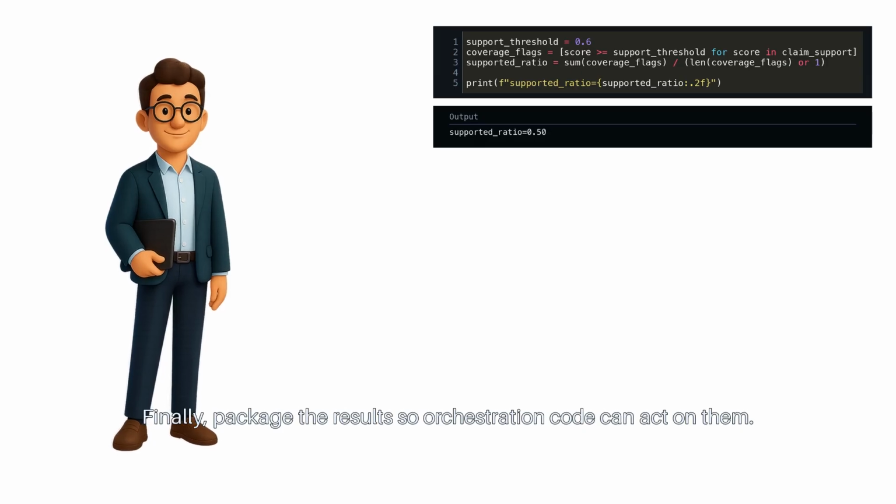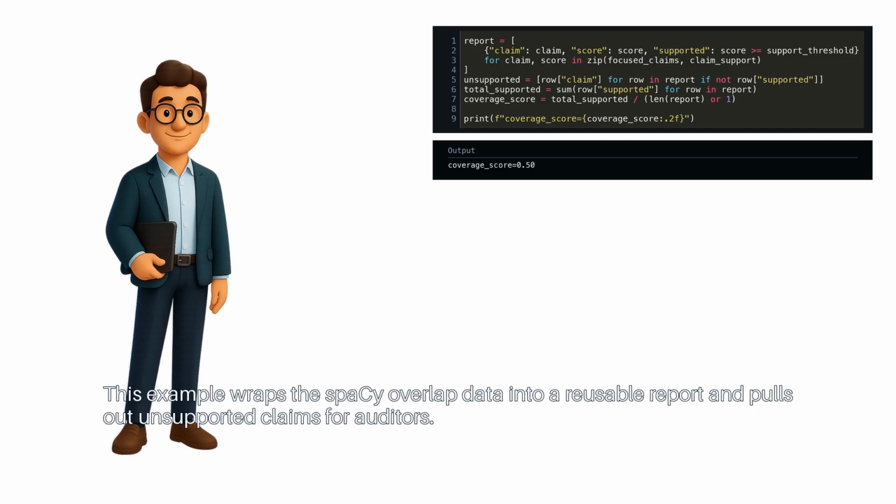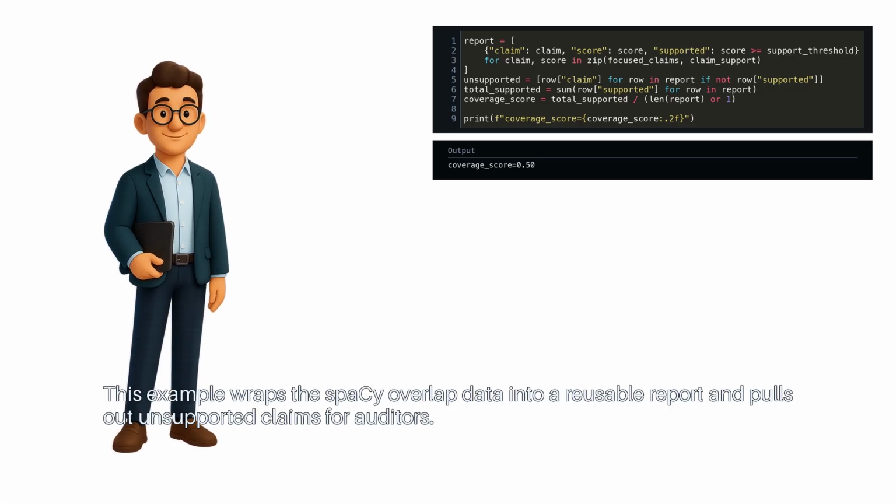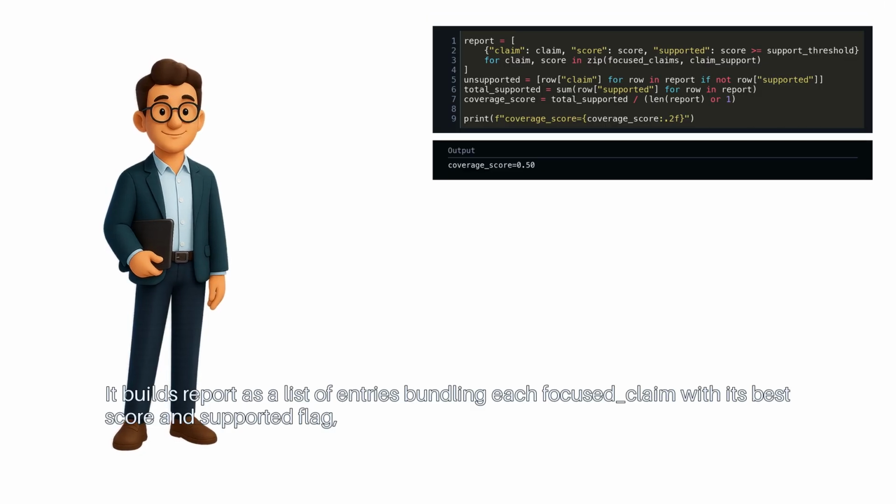Finally, package the results so orchestration code can act on them. This example wraps the spaCy overlap data into a reusable report and pulls out unsupported claims for auditors. It builds report as a list of entries, bundling each focused claim with its best score and supported flag.